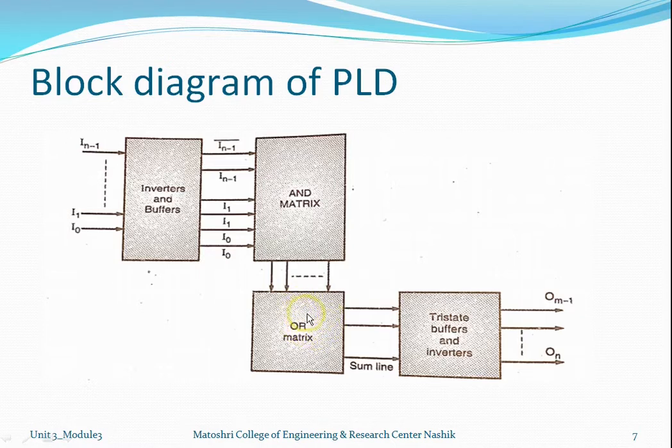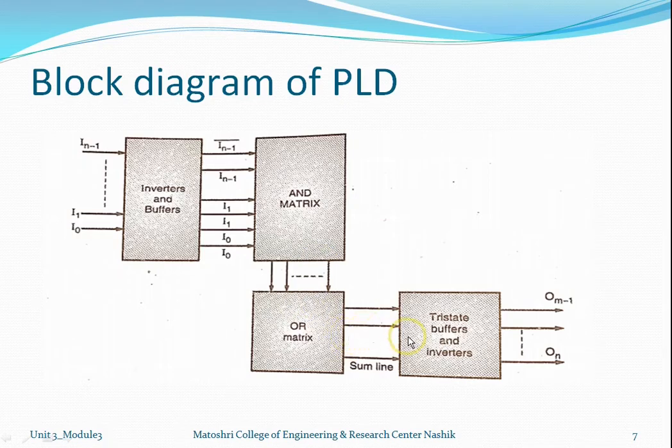The terms to be included in the SOP are decided by programming the OR matrix. If a product term is present in a particular SOP expression, then those lines are connected at the cross point, otherwise they are left open. The same notation as the AND matrix is adopted here to show the connections.